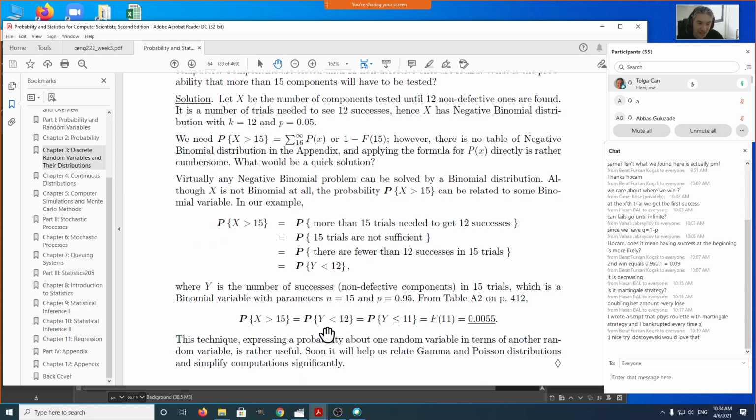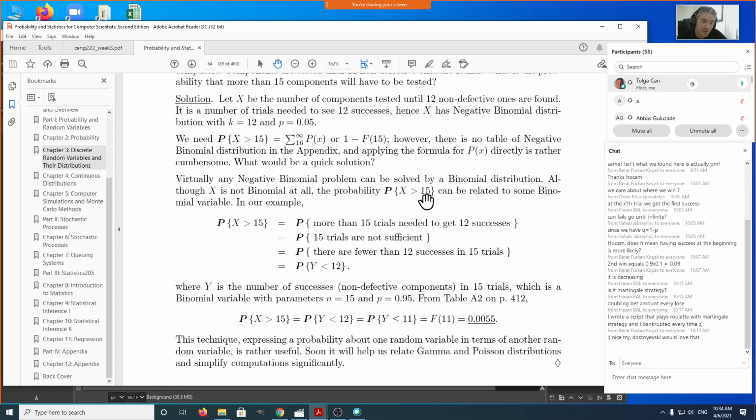That may be one of the reasons why it's called negative binomial. If you're asking a negative binomial question, we can always convert the random variable to a binomial one, depending on what we are asked in terms of probability. This 15 can be a parameter to our binomial distribution. In 15 trials, what is the probability to get less than 12 successes? If you get 12 successes in 15 trials, this is not the probability you're looking for.